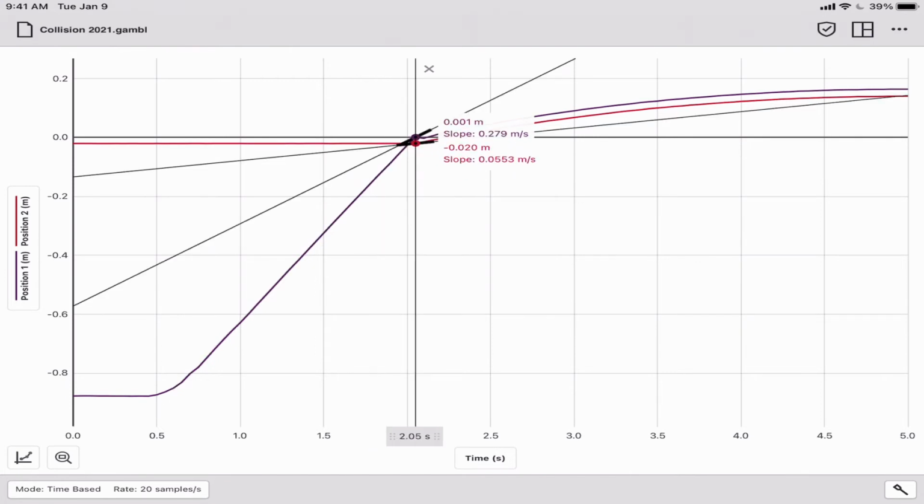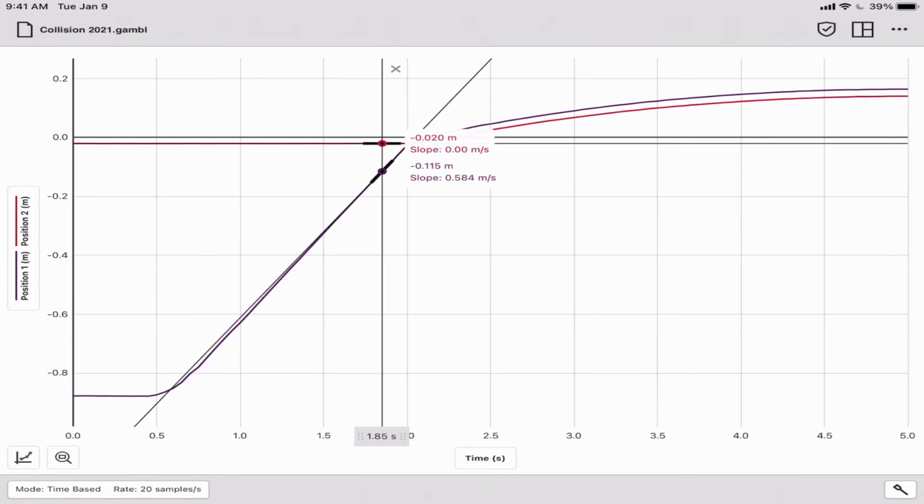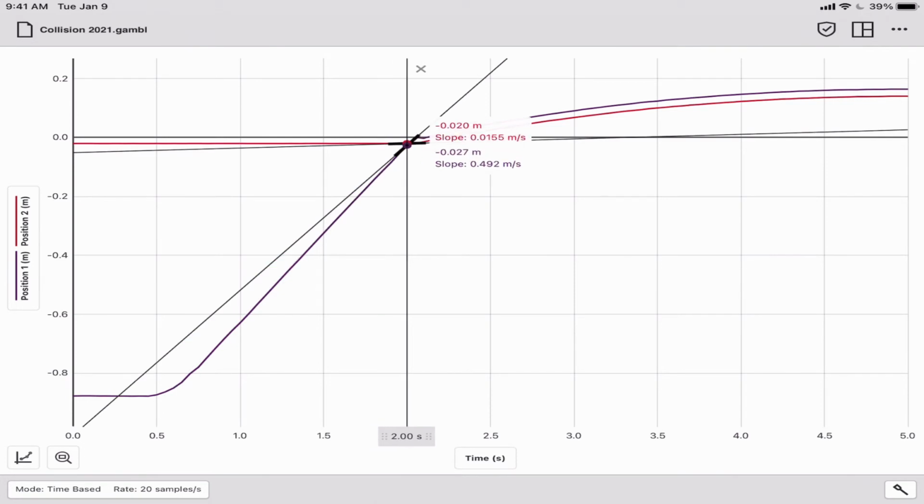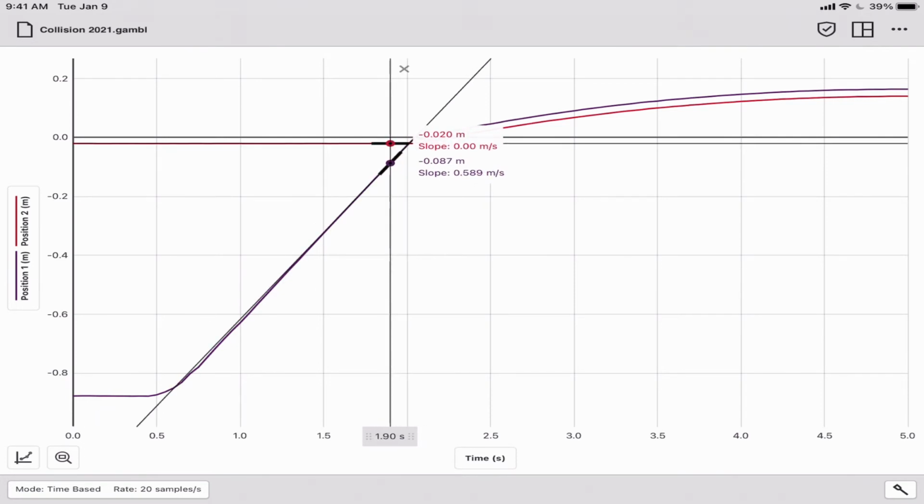Now, when we do the actual collision, we want to get the slope as close to the collision as possible. That seems to match up best. So obviously the red one here, the one that isn't moving, we would just put a slope of 0, and it actually gives us the units, meters per second. And the purple one gives us a slope of 0.589 meters per second there.